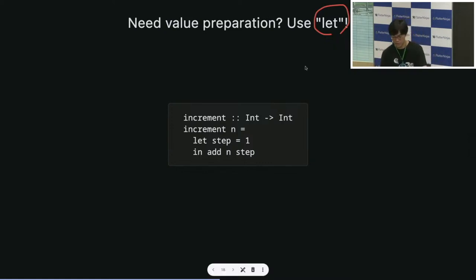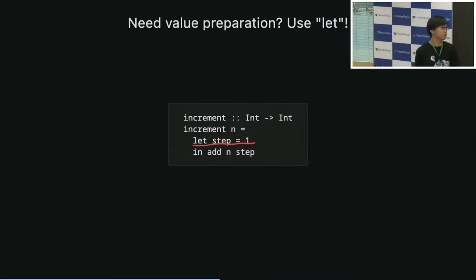We have the increment function again here, and before the function body, we have one additional line: let step equals 1, which prepares a value named step and binds the value 1 to that step.